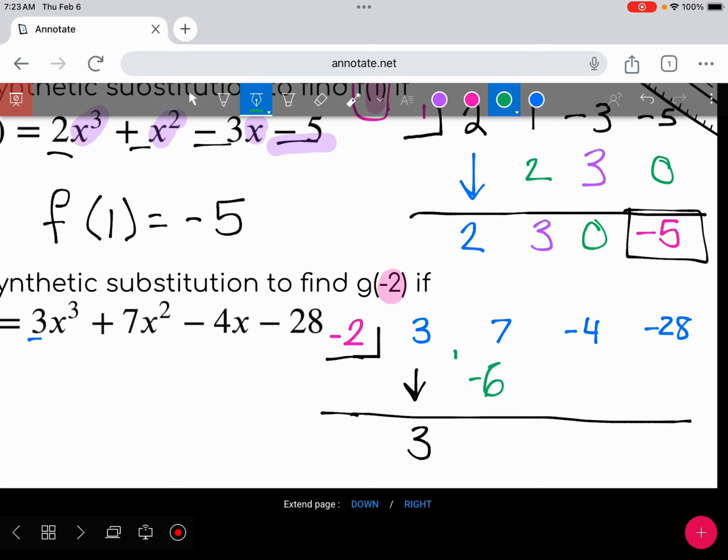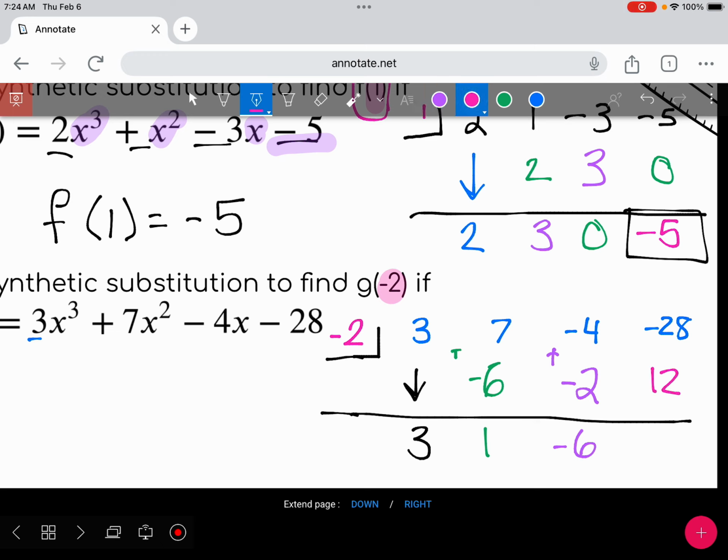And we add these together. 7 plus our -6 gives us a 1. Which means our next piece is a -2. Which gives us, when we add them together, a -6. And then our last piece. Yep, +12.